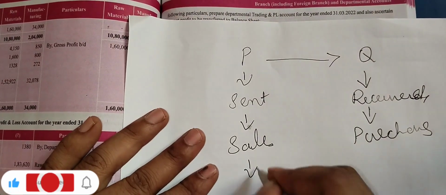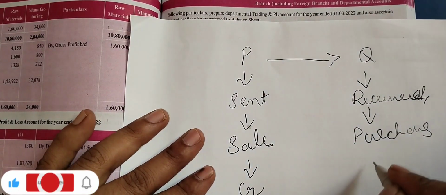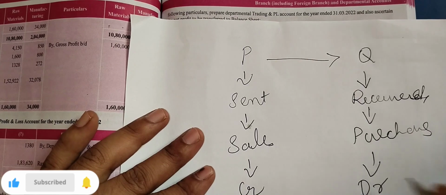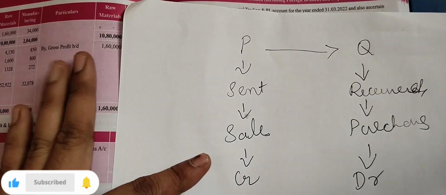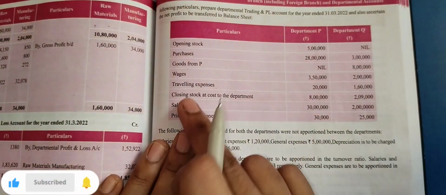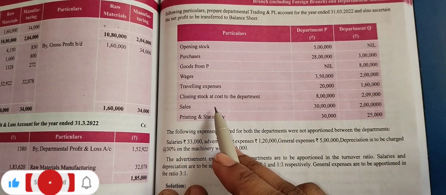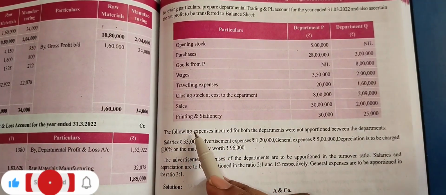So we are crediting in the department of P and debiting in the department of Q, because for Q it is a purchase and for P it is a sale. Then wages, traveling expenses, closing stock at cost to the department, sales, printing and stationery.